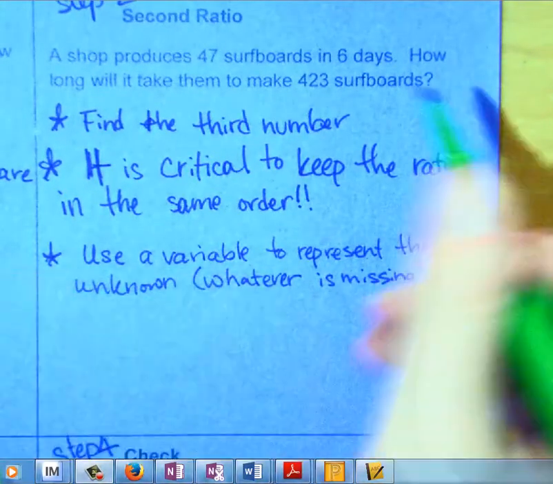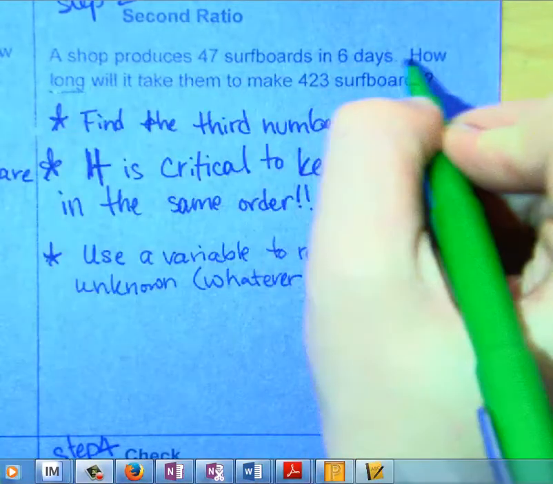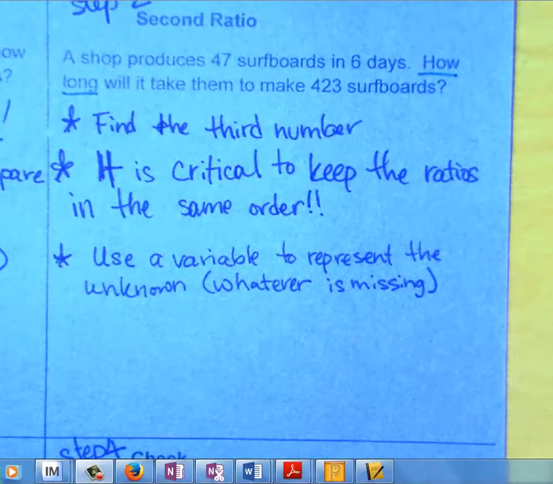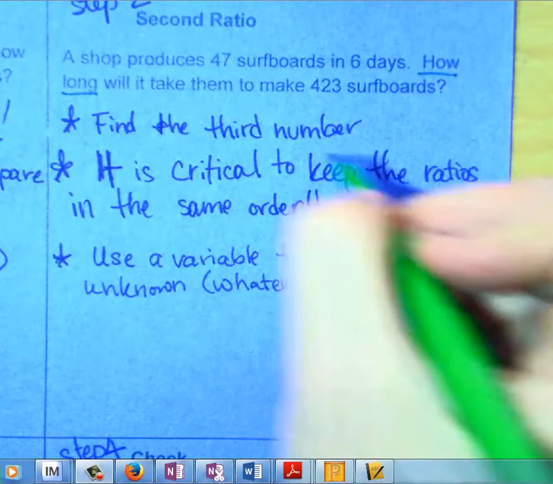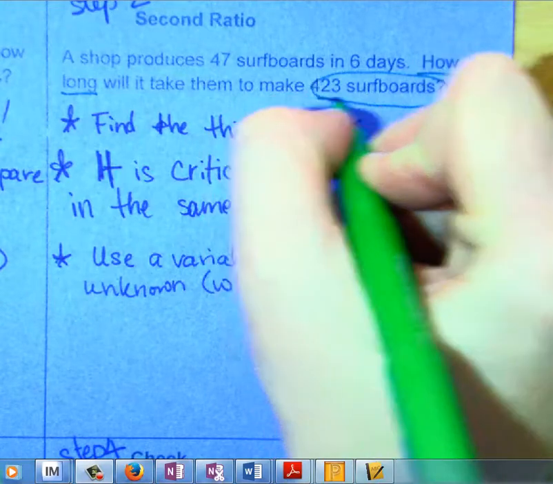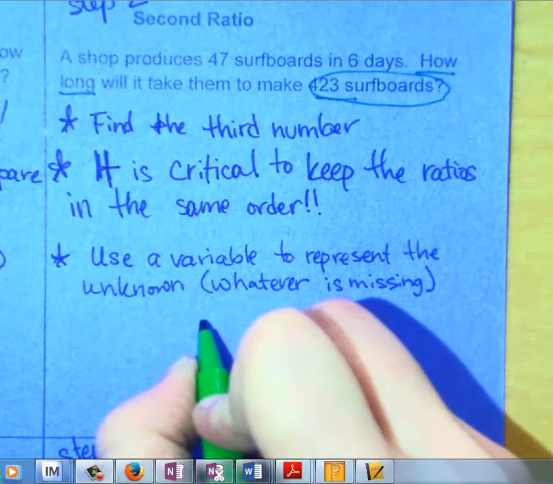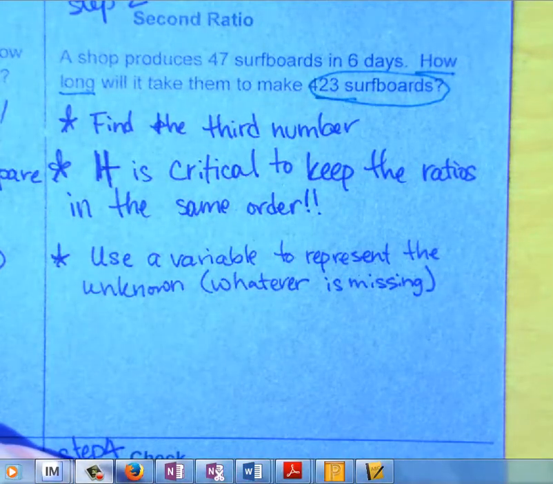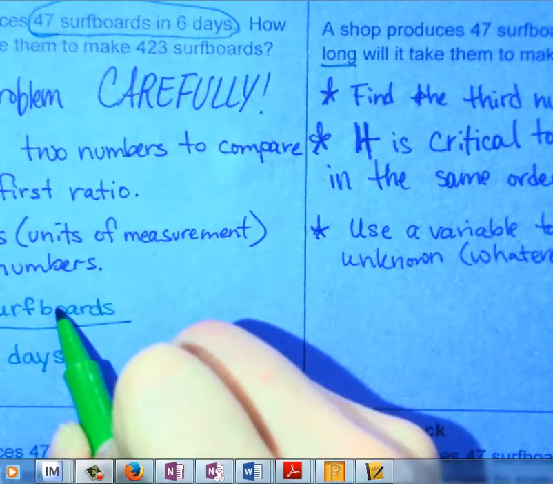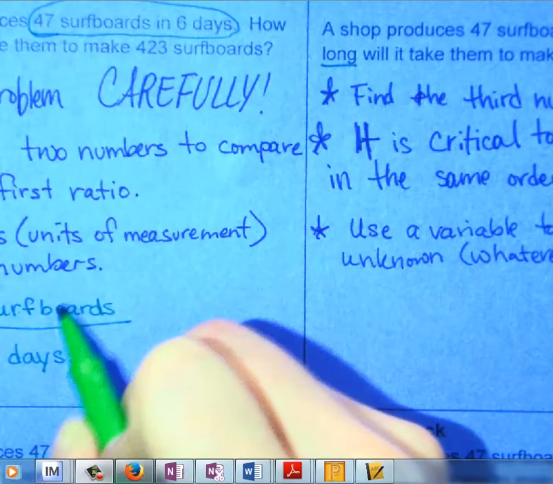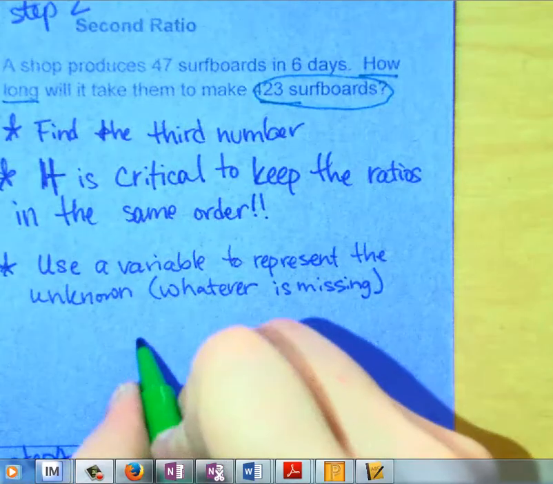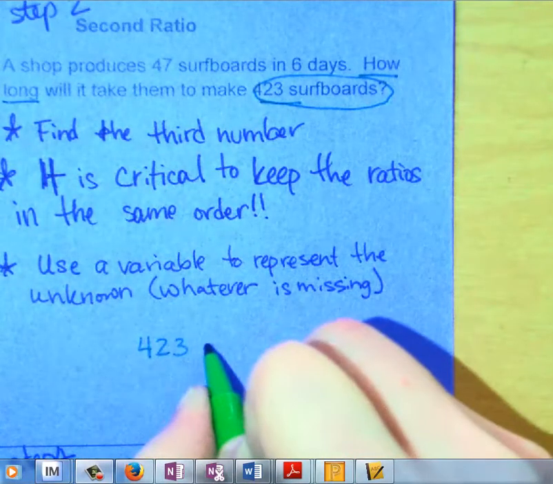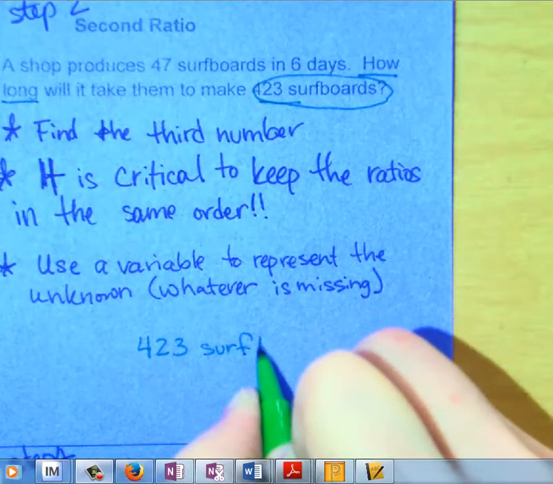So on this one, it says how long, so that indicates we don't know the time. It will take them to make 423 surfboards. So surfboards goes with surfboards from over here. Surfboards was on the top in the numerator, so 423 surfboards is going to go in the numerator in my second ratio.